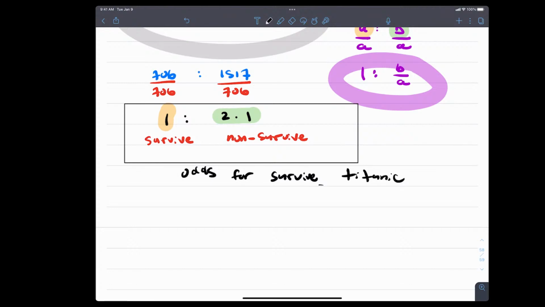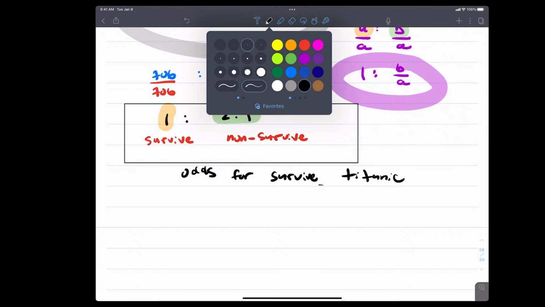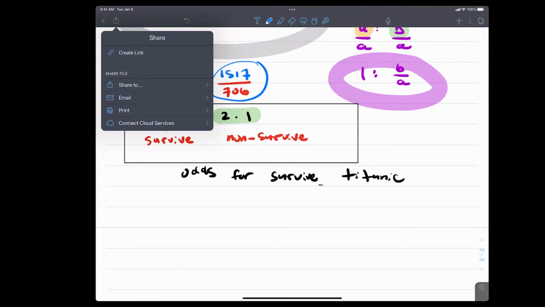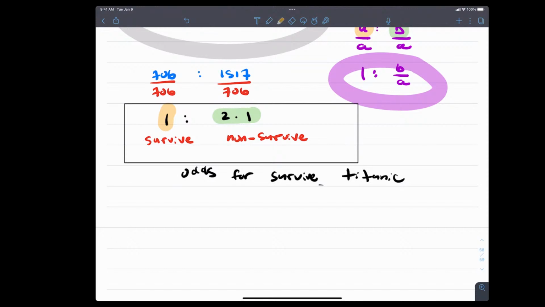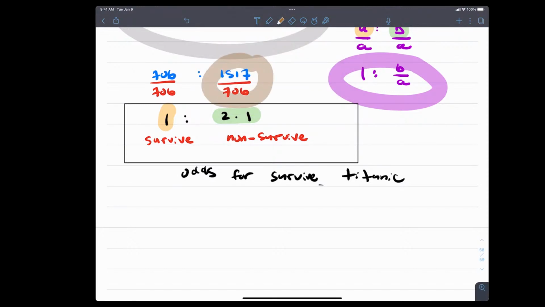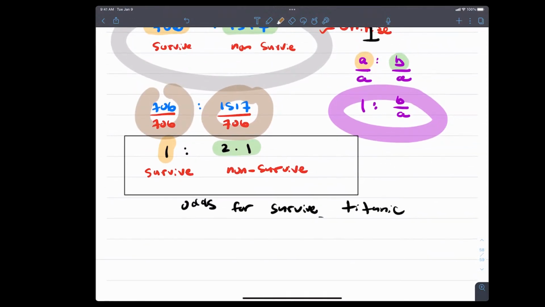Yeah. Well, when I divide right in here, we do this computation. So we did a division here, 1517 over 706, and 706 over 706. We are free to divide both quantities of a ratio by any number we want.